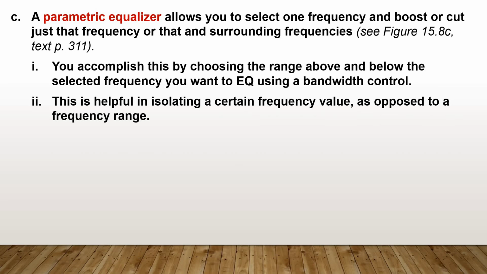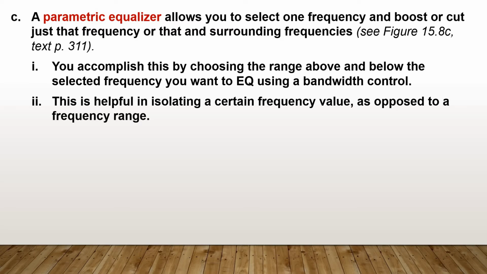A parametric equalizer allows you to select one frequency and boost or cut just that frequency or that and surrounding frequencies. You can accomplish this by choosing the range above and below the selected frequency you want to equalize using a bandwidth control.